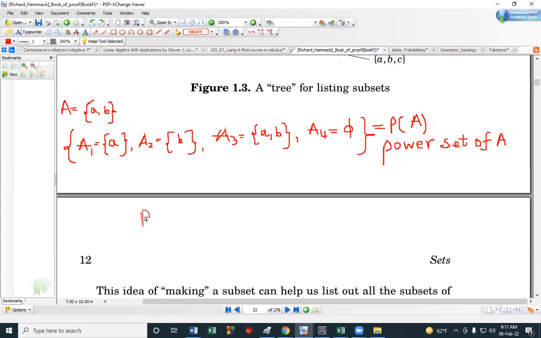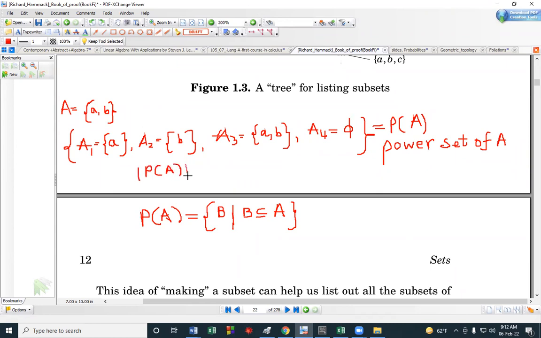So we can define the power set P of the set A as the set of all sets B such that B is a subset of A. So this is how you write it: the power set of a set A is the set of all possible subsets of the set A. So what is the cardinality of the power set of A?